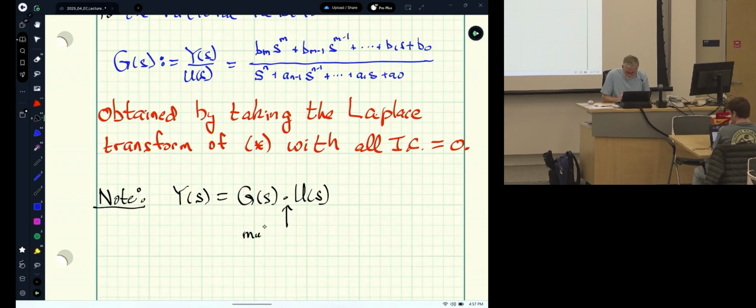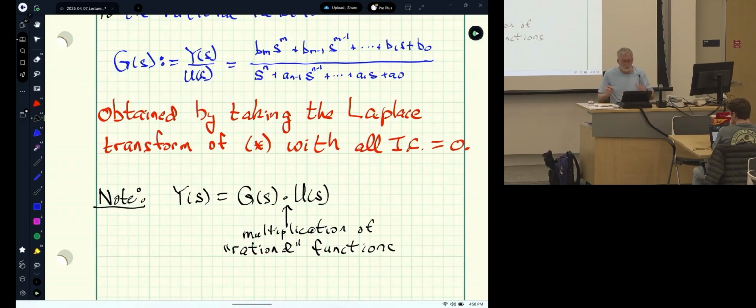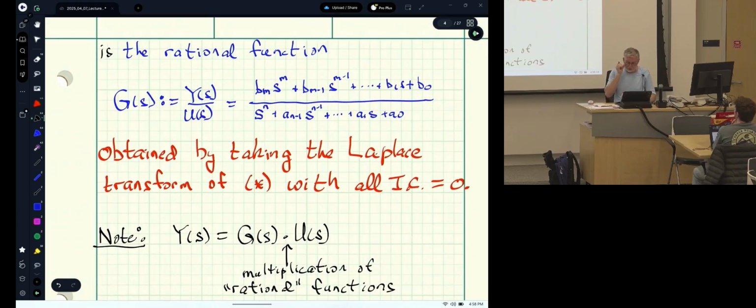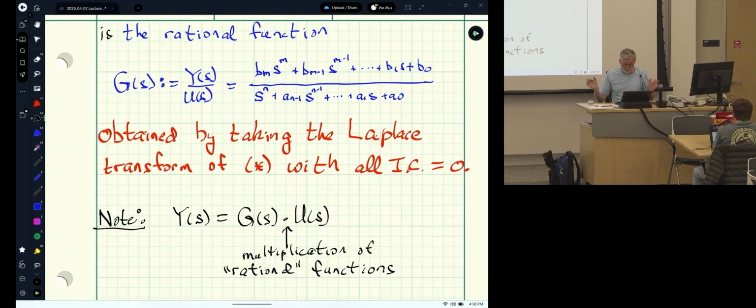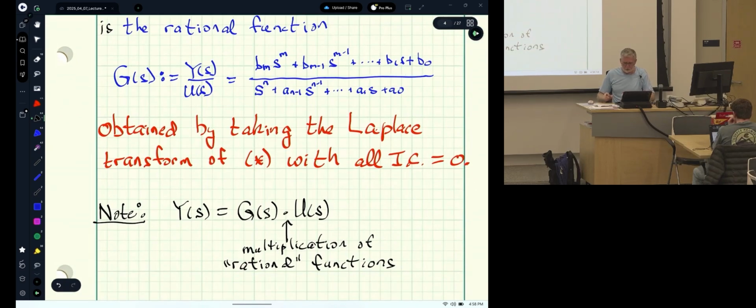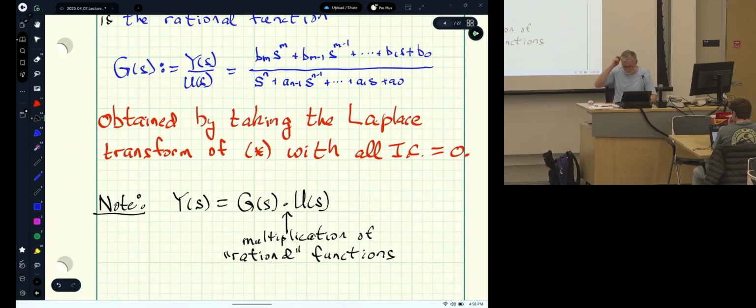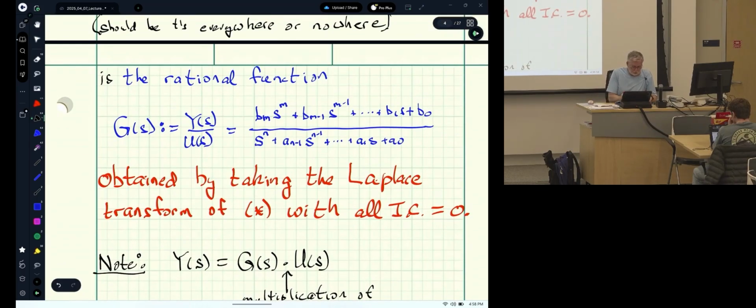I'm putting rational in quotes because it can be more general than that, but for everything that's done at the undergraduate level, pretty much G of s and U of s and Y of s are always rational functions. They don't have to be, but in practical engineering, 99.99% of the time, they are just rational functions like this one here.